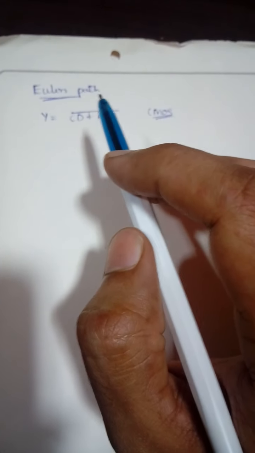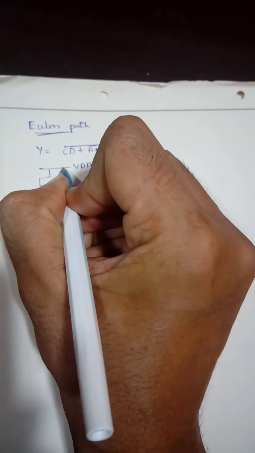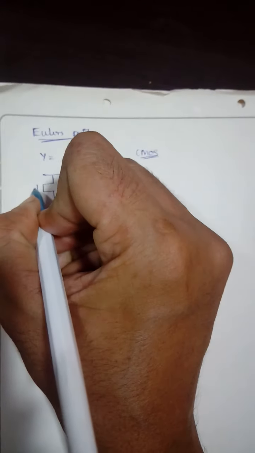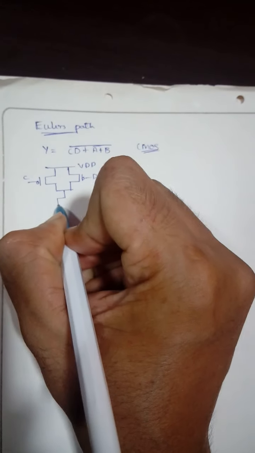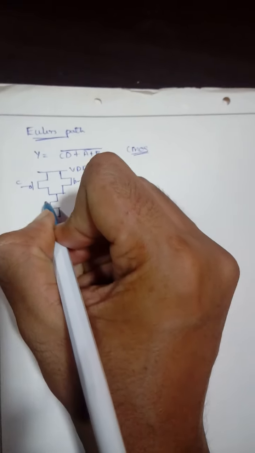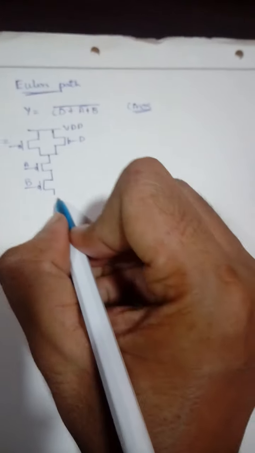So using the Euler path we will draw the optimized way of connecting the transistors so that the number of the layers will be reduced, right? So first we'll draw the circuit diagram for this, which starts with the VDD. C and D are in parallel with each other, which is in series with A, in series with B for P-type transistor, right?